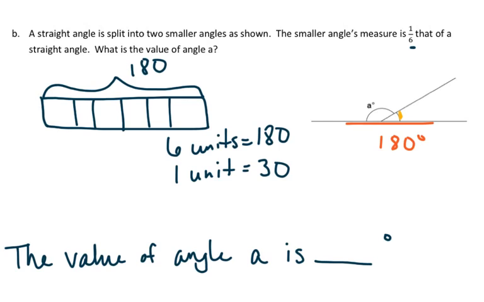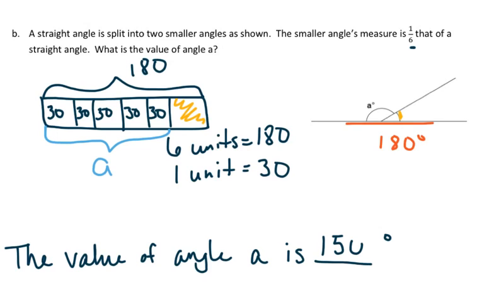So let's just say that this is the smaller angle right here, and it's equal to 30. The rest of this is going to be the measure of angle A. So it would be 30 plus 30 plus 30 plus 30 plus 30. Okay, so the answer, the value of angle A is 150 degrees.